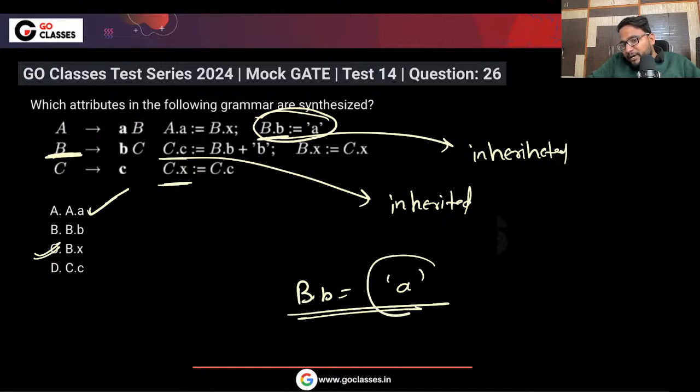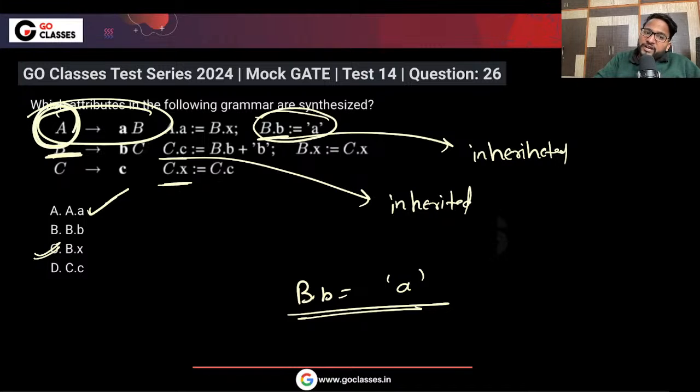It doesn't really matter what is written in this constant. You are not taking the value from the left sibling or something. You may write 1 also, you may write 2 also. It is inherited because in this particular production you can define synthesized attribute of A and inherited attributes of this, for every non-terminal. I hope that is fine.